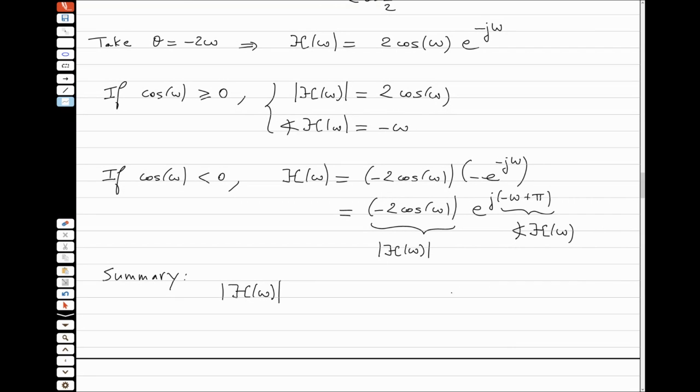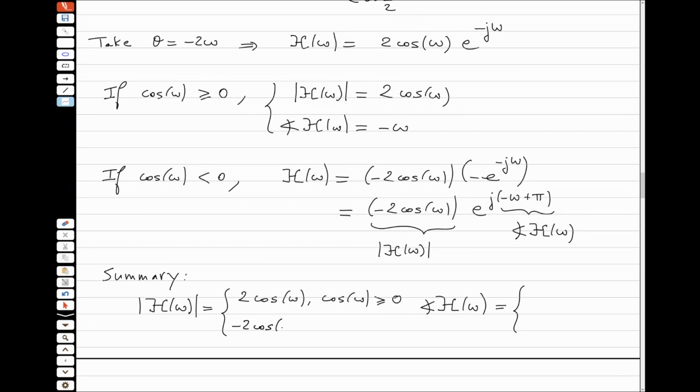For each of these two functions, you have two cases. Where cosine of omega is positive, this one is 2 cosine of omega. When cosine is non-negative, and then minus 2 cosine of omega when cosine of omega is negative.